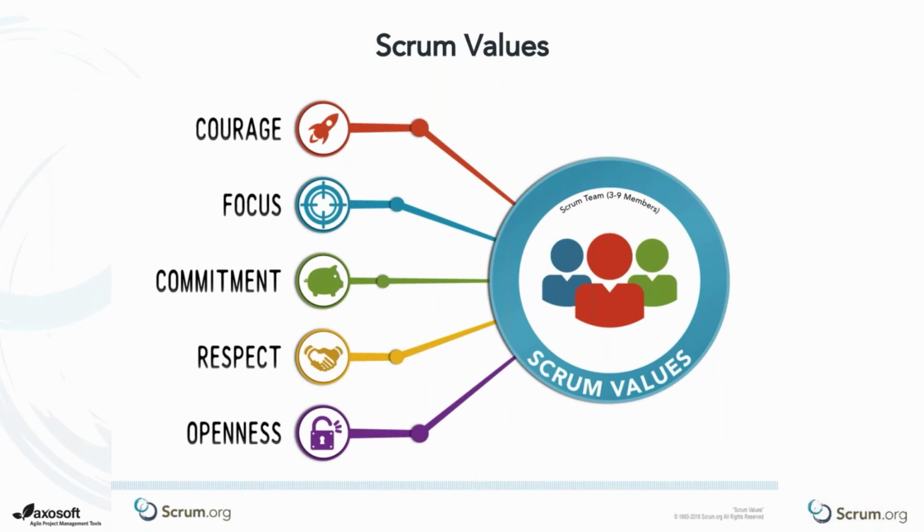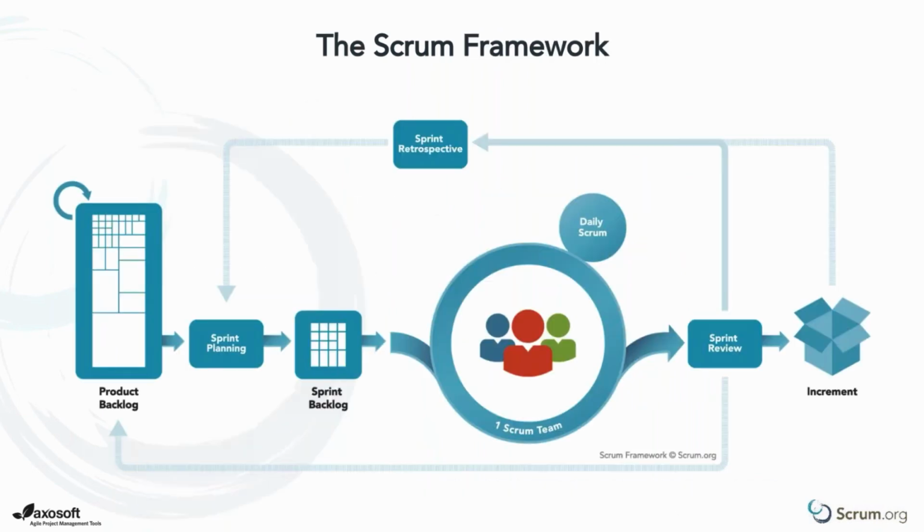It's not individual work. Now I'm working on my pieces and you may be working on your pieces, but it's still about the team. We must have commitment to the team, to the work that we're doing. We must show respect for one another, but be open to each other as well, and really be willing to say the hard things, to have those conversations. We'll talk a little bit about retrospectives and how all these things fit in there, but they fit into everything we do on a daily basis.